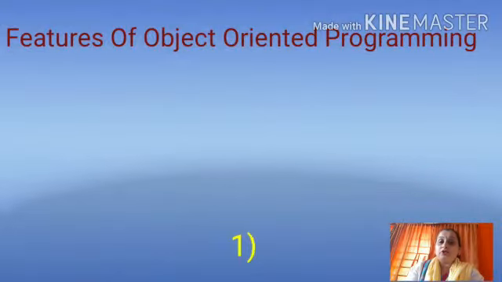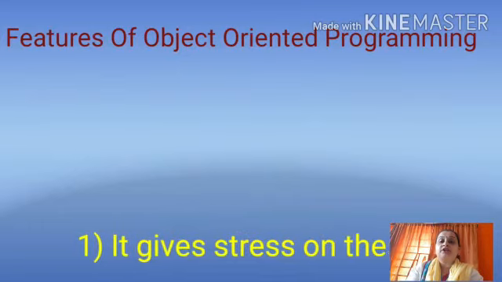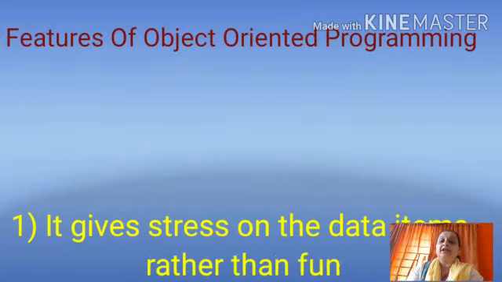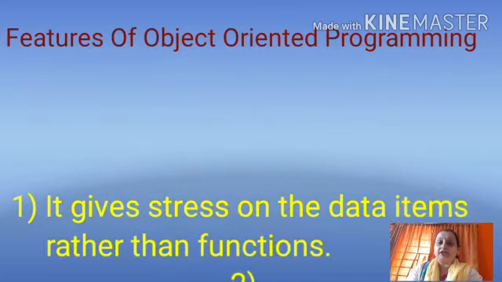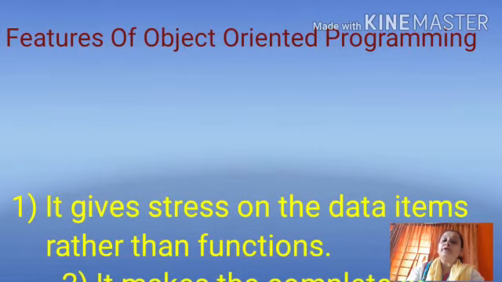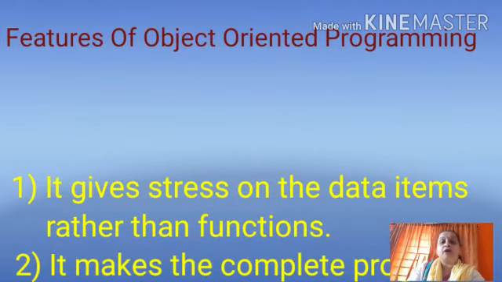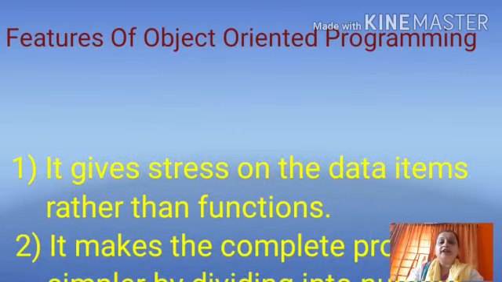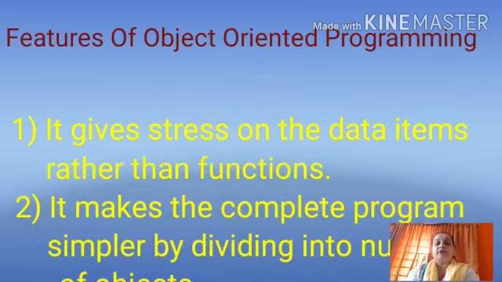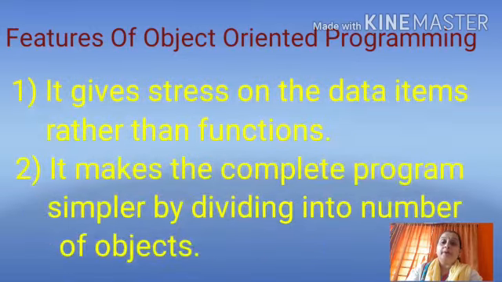Features of object-oriented programming. The first feature: it gives stress on the data item rather than the function. That is, it gives more emphasis on the data item than the function. Second, it makes the complete program simpler by dividing it into a number of objects. So it is called the modular approach.